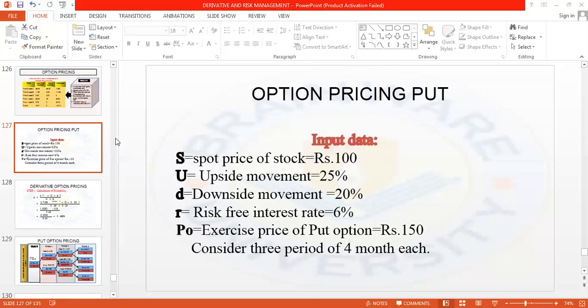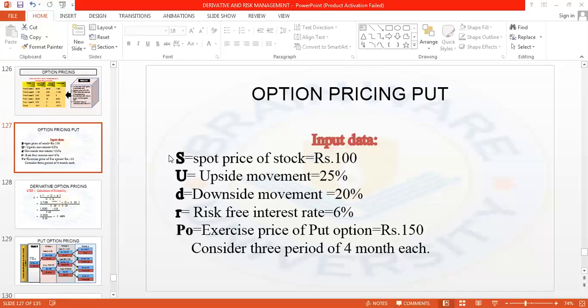That means there are three time steps within the entire 1 year maturity period of the put option, like the previous multiple time phase of the call option. In fact, we have used the same data here, with only some minor changes. So let us first highlight the data we have taken.